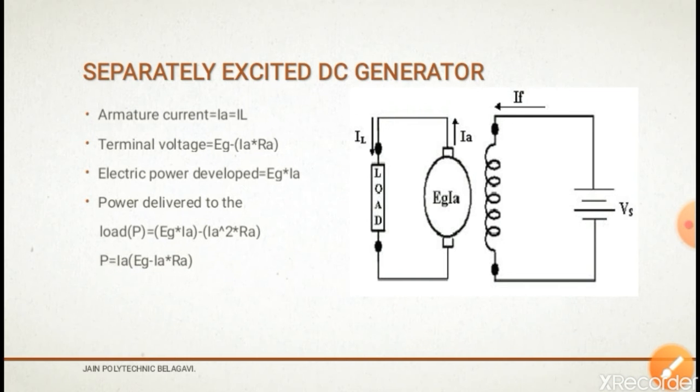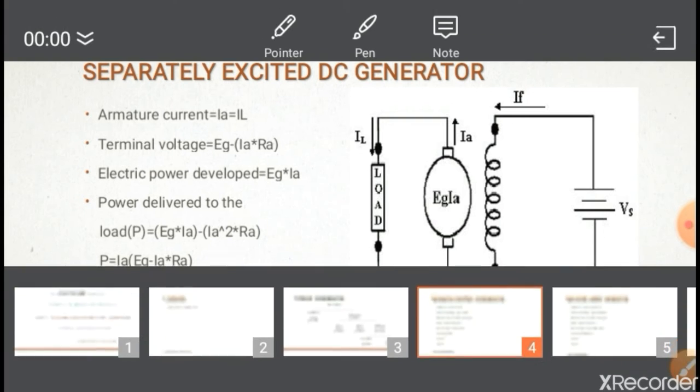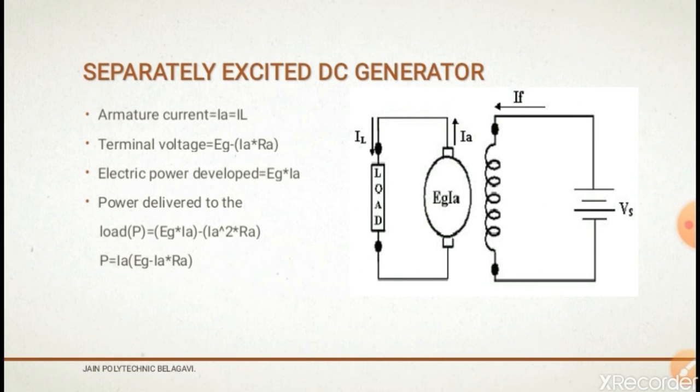Taking Ia as common, we get the power equation as Ia into Eg minus Ia into Ra. We can see here that the terminal voltage is given as Eg minus Ia into Ra.